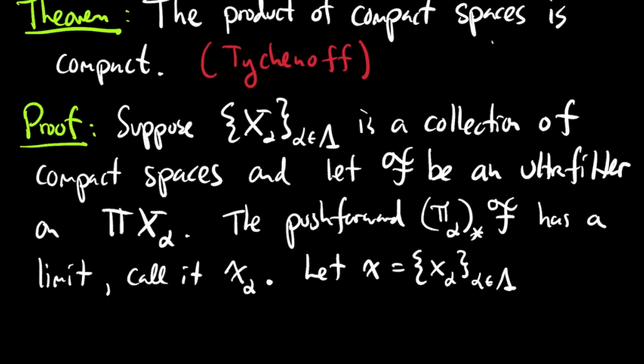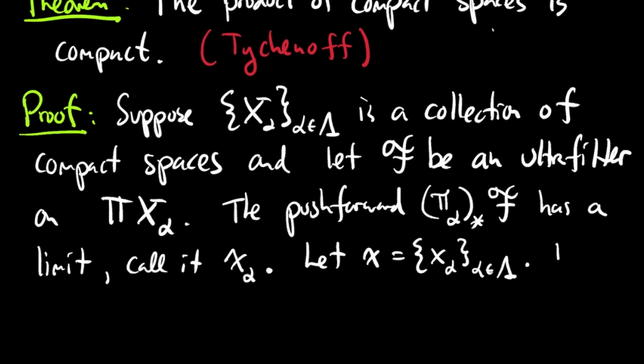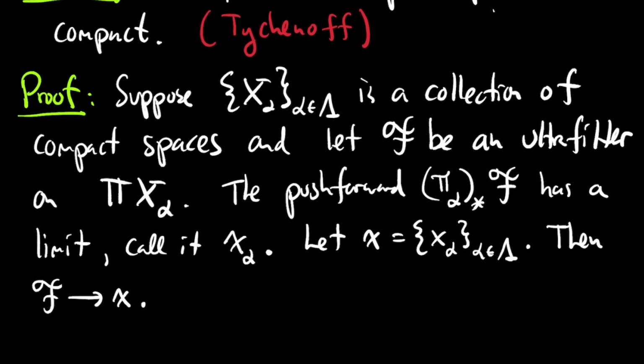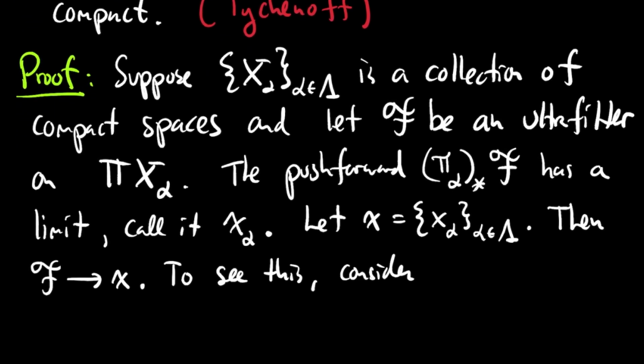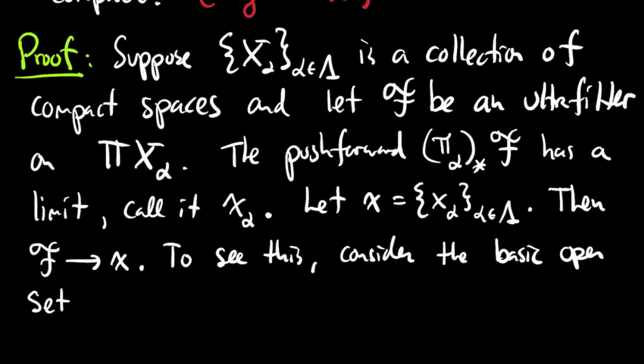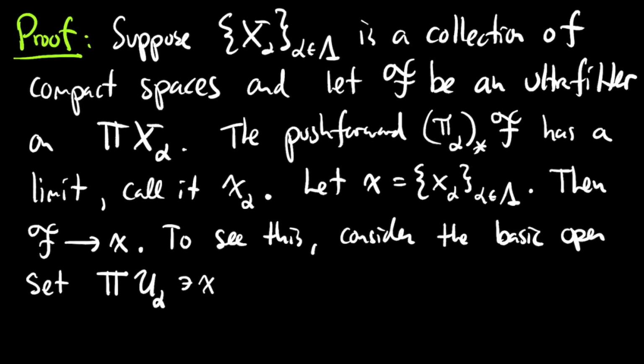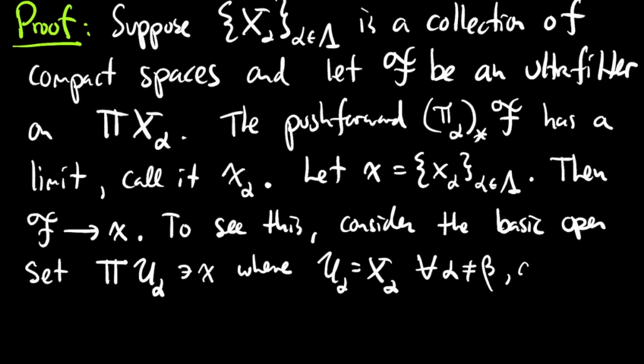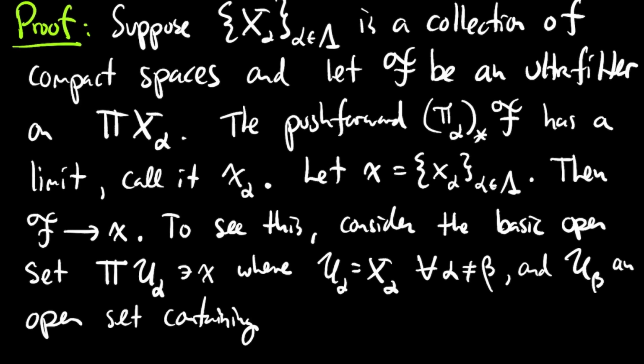And if you want to see that this ultrafilter converges to this point X in the product topology, what you can do is you can take one of these sub-basic open sets in the product topology that look like the product of the whole space X alpha, except in one component, it has a little open set around X beta.